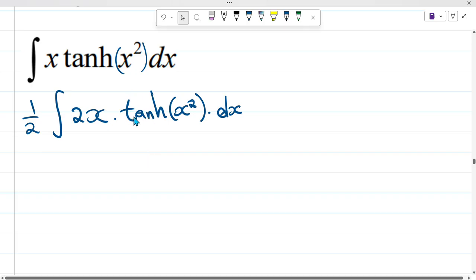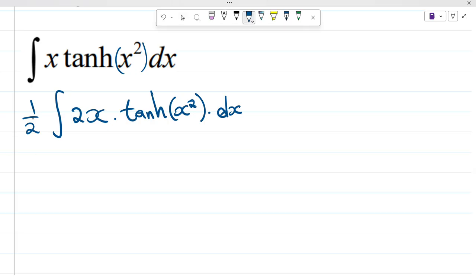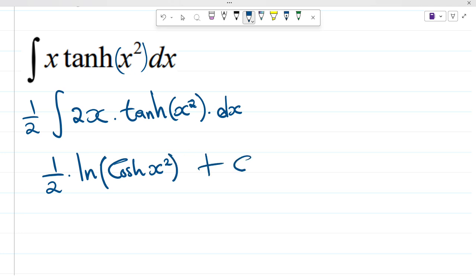So that's just natural log of what? Of hyperbolic cos. So whatever that's outside the integral should go with you to the answer, and that's going to be natural log of hyperbolic cos of x squared, then plus c.